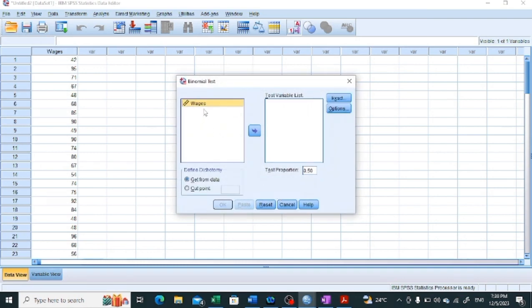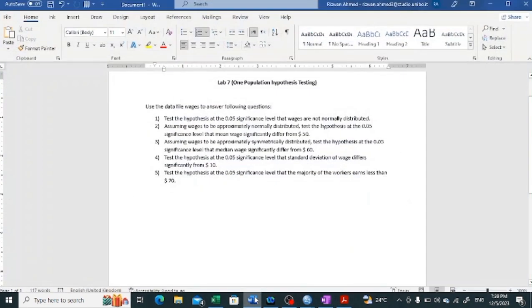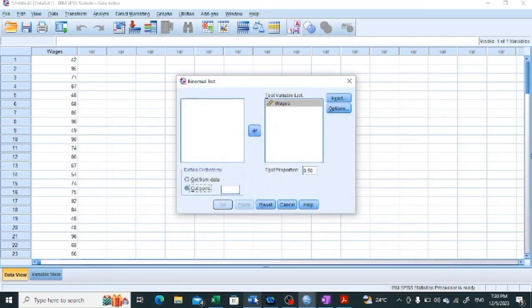So we take wages over there as the variable, and the test proportion value of 0.5 is already provided. We introduce a cutoff value that is mentioned in question number 5 of this lab task sheet. So $70 is the cutoff point.